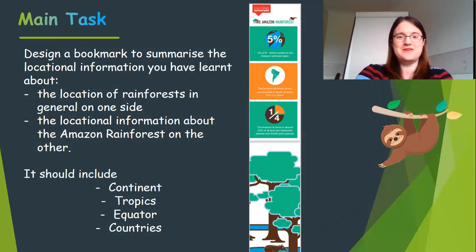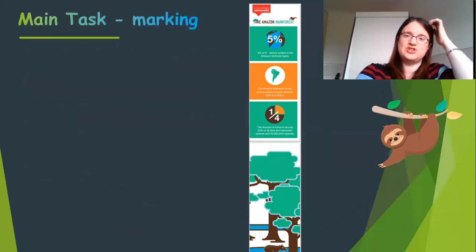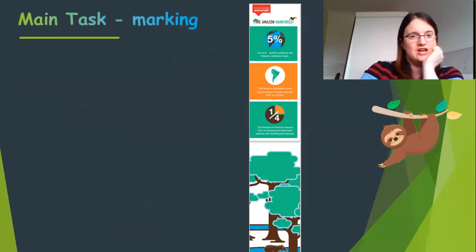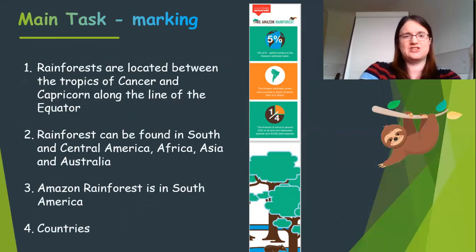How did you do? Have you managed to create a lovely bookmark? Let's have a look and see what information should have been on your bookmark. How well have you done? So these are the kind of information that we talked about. Rainforests are located between the tropics of Cancer and Capricorn along the line of the equator. So hopefully you might have drawn a little diagram of the world and shown those lines on there and written about that.